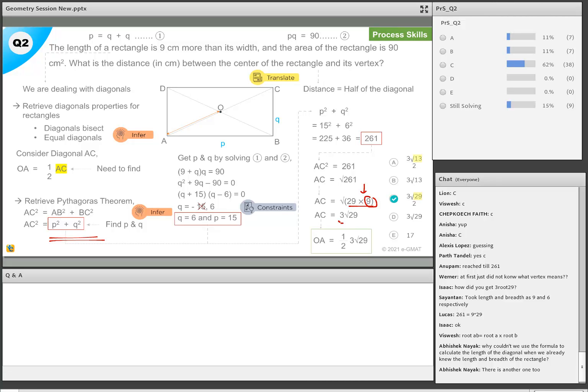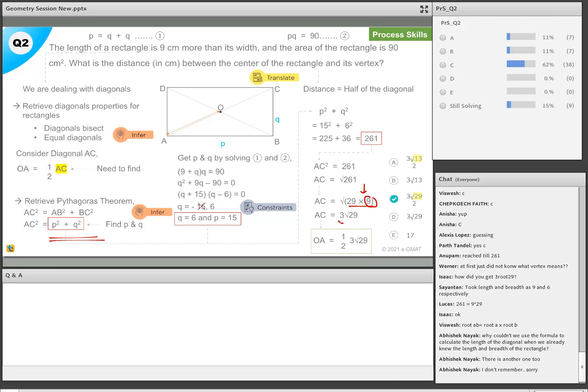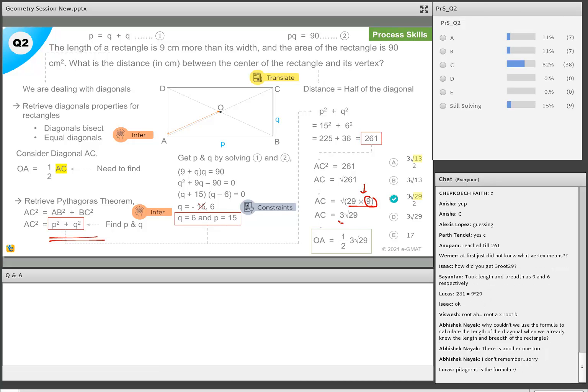Which formula are you talking about? I'm not very sure, because I don't know any other formula to calculate the diagonal's length. I am very sorry.